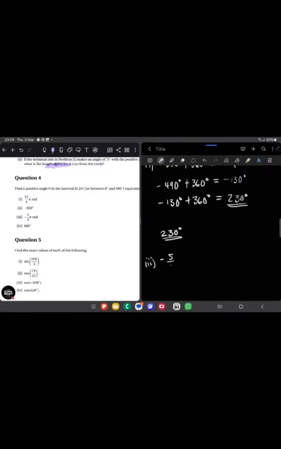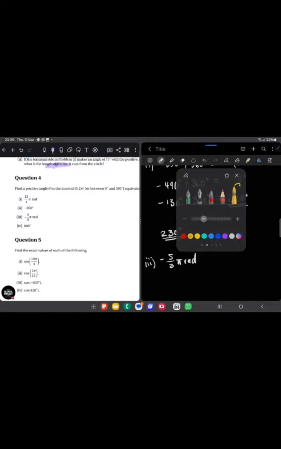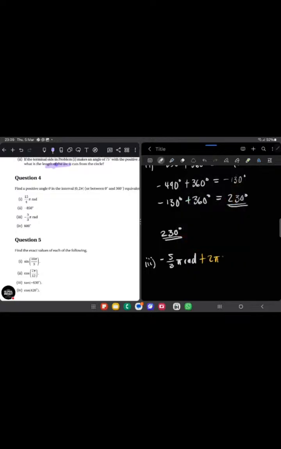Negative 5 over 3 pi rad. This is meaningless to me. It's not between 0 and 2 pi. So I'm going to change it by adding 2 pi, because it's negative. In the calculator, ignore the pi.